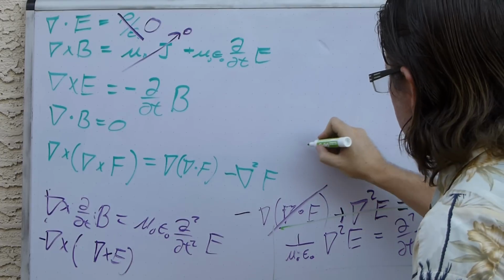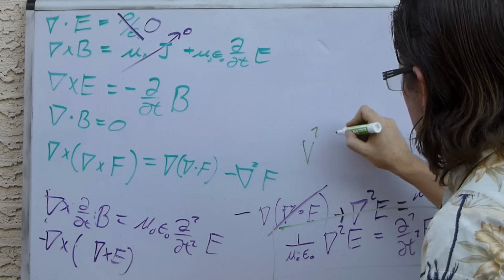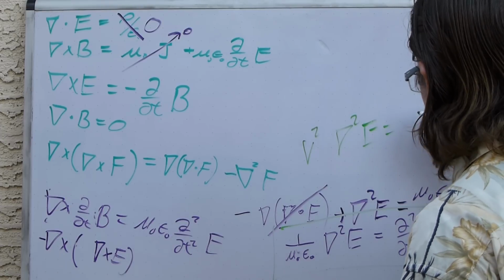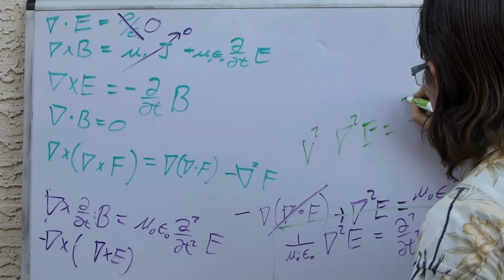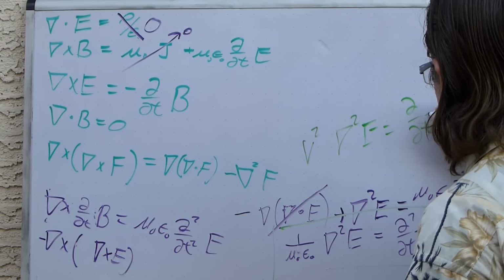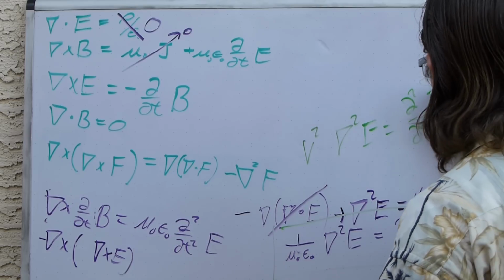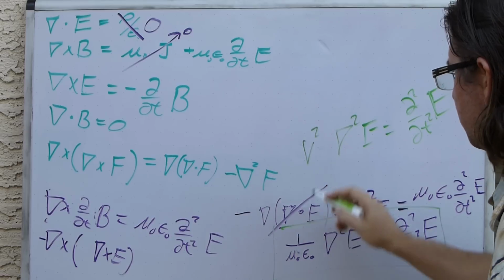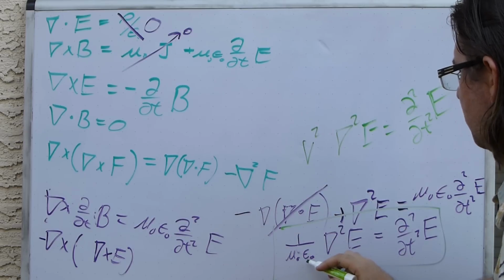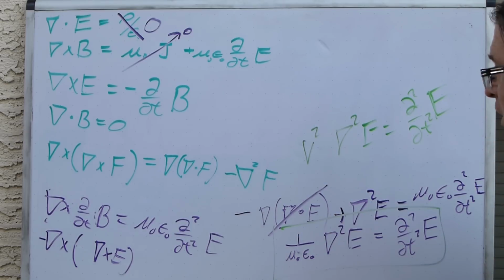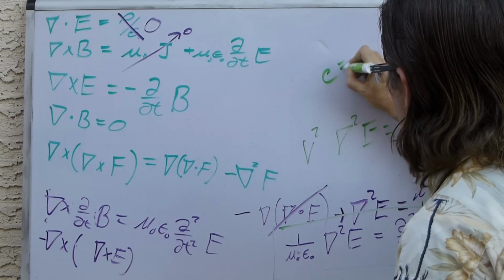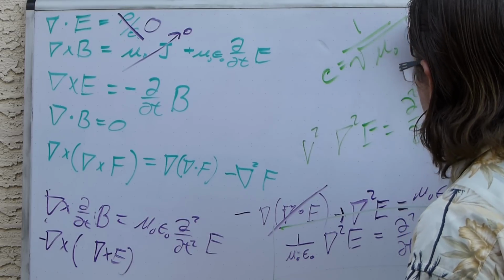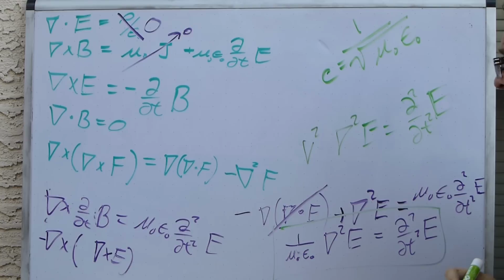Now, you remember the wave equation as being v squared Laplacian E equals the second time derivative of E. Well, in this case, this 1 over mu epsilon is the velocity of light squared. So we can conclude the speed of light is 1 divided by the square root of mu naught epsilon naught.